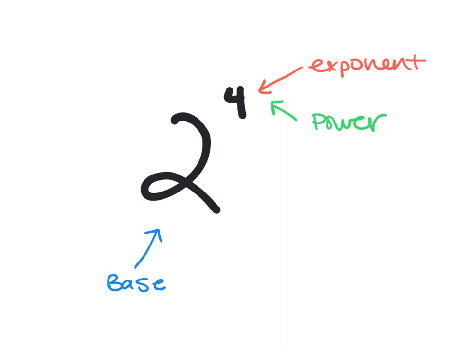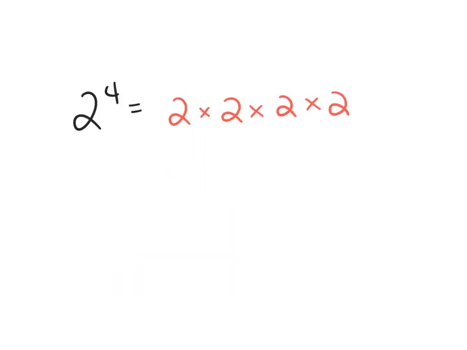So the first thing that I want to say is just to recap on what I mean by exponent rules. If you have this example right here, this is 2 to the power of 4, okay? The 4 represents the exponent and it represents the power. The 2 is the base. The 4 tells you how many times the 2 is multiplied by itself.